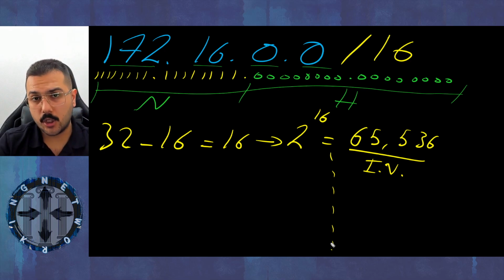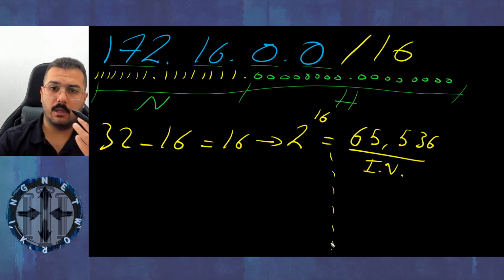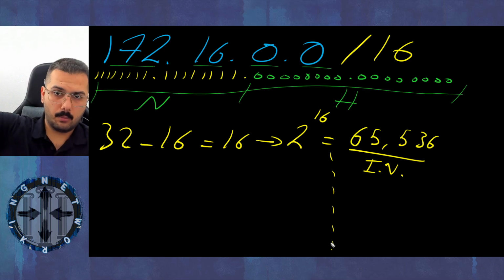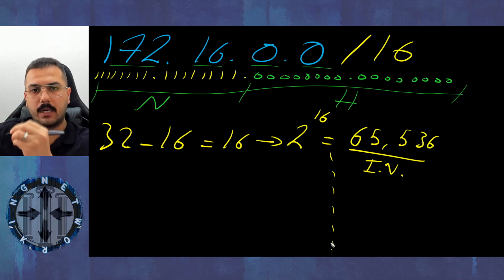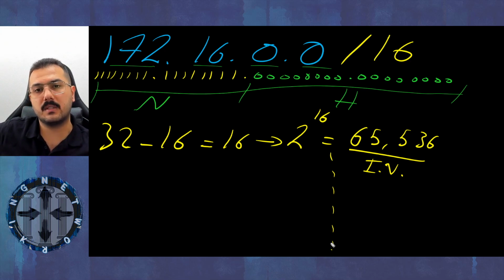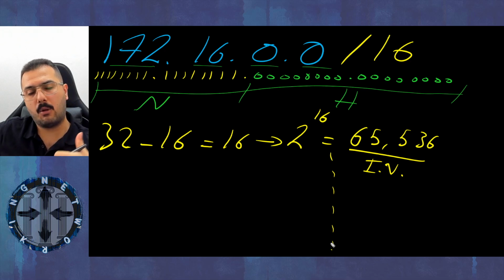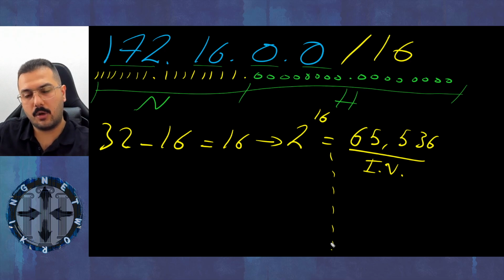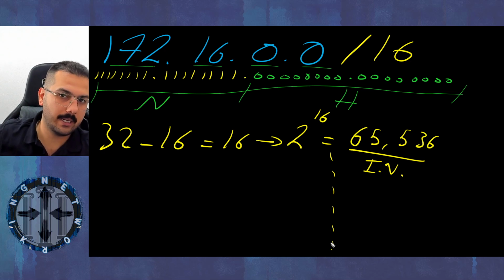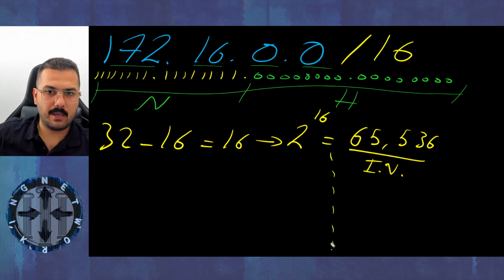Because other than that, we will need a chalk, a super long board, and we will continue counting 65,536 IP addresses starting from 172.16.0.0 until we reach the broadcast address. So it's either the chalk and board, or let's use the method.